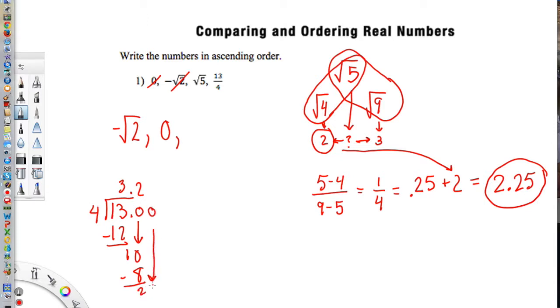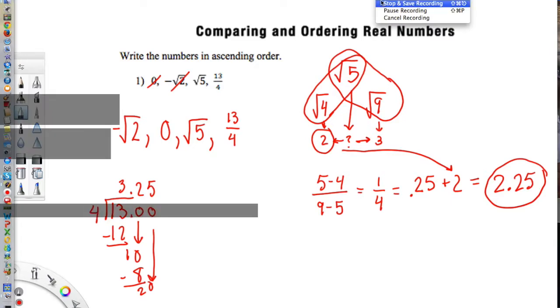I bring another 0 down, and 4 goes into 20 5 times, so my answer is 3 and 25 hundredths. So the square root of 5, 2 and 25 hundredths, would come next. And then this 13 fourths would be my greatest. And there you have it from least to greatest.